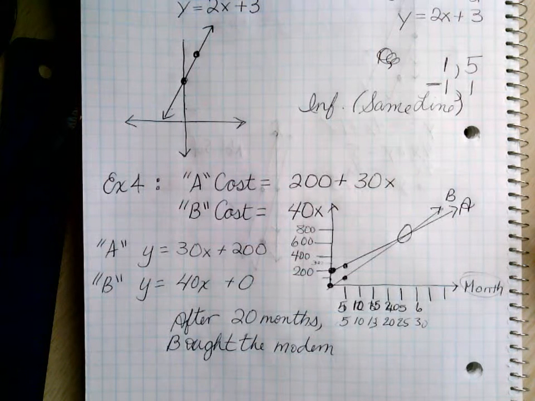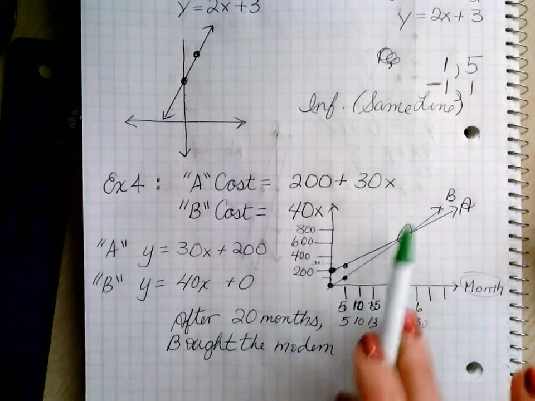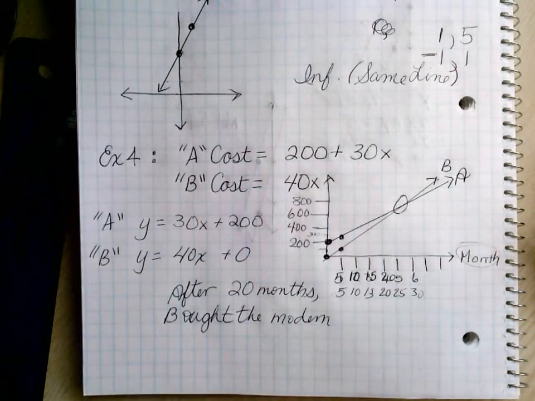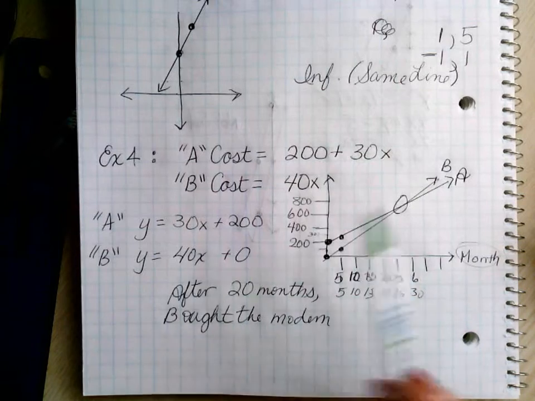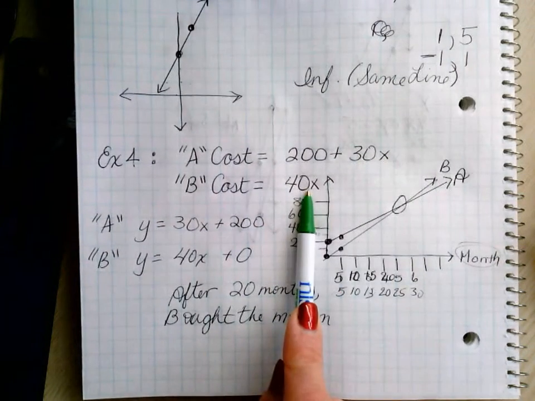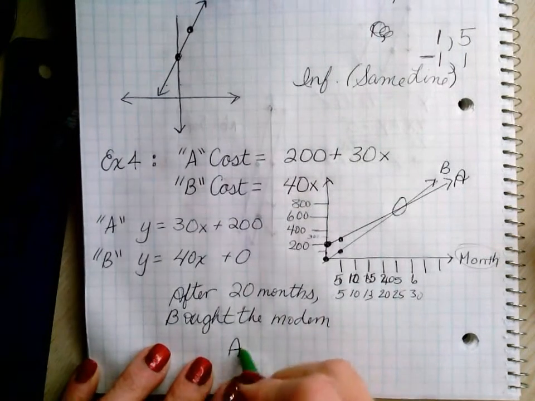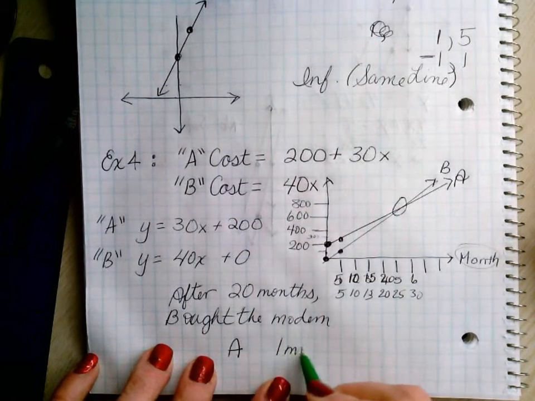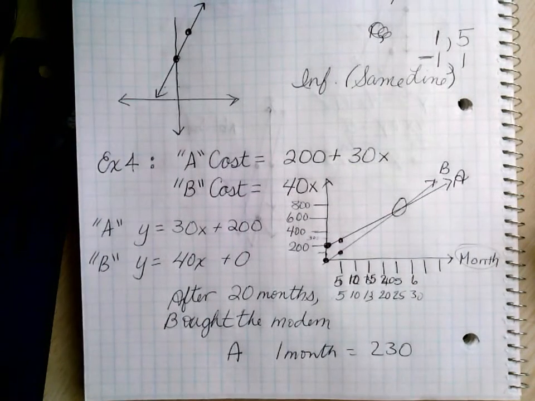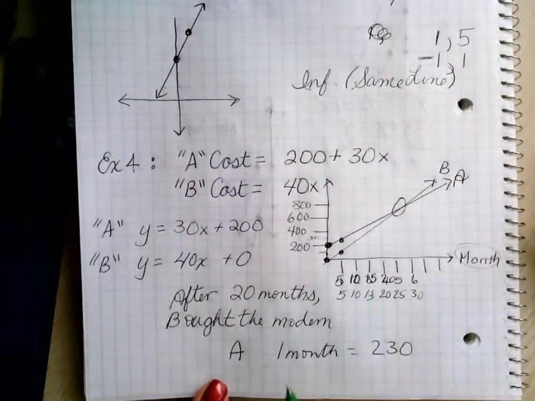Now I know that seems a little weird. You could even check it to see, but I'm really just more hoping that you can realize how to do this kind of thing and how to make a decision. And you can plug in numbers. You can plug in 1 month here and here. Let's do A. A's cost after 1 month is $230, right? 200 plus 30.